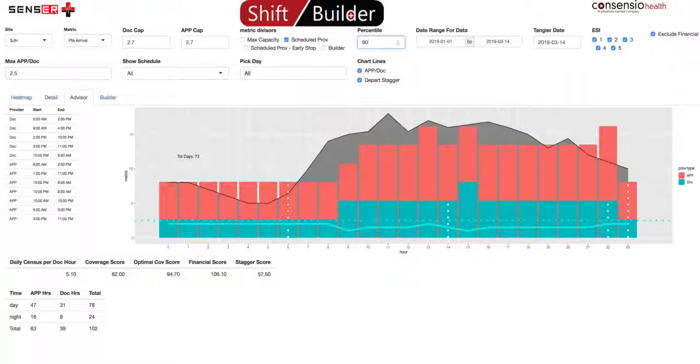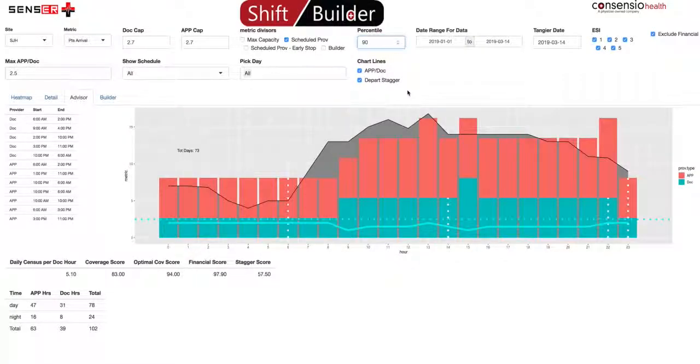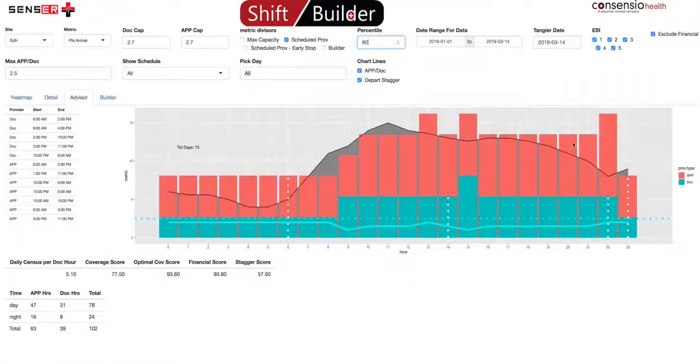So the area in gray is the area in which you appear to have undersupply of resources, and the area above the curve is the area in which there's oversupply, suggesting that in this particular case, resources could be moved from the late PM to earlier in the day and reach a better match of supply and demand.